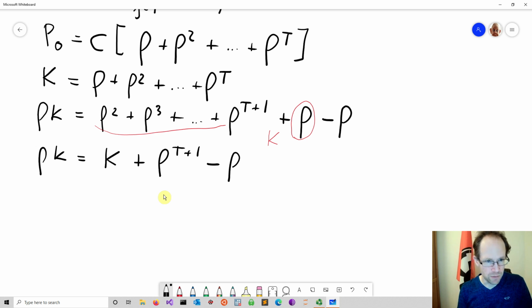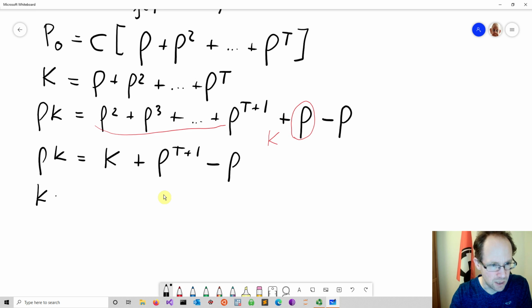Now if we look at this equation, we can try to simplify it. Ideally I would move all the K's to one side, which I can do by moving rho K to the other side. I can then also flip sides to get K on the left hand side, just out of convenience.